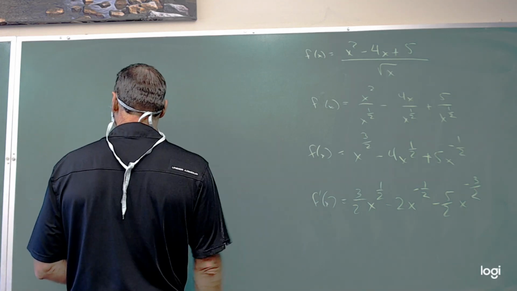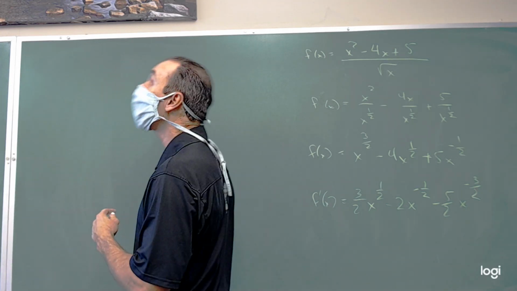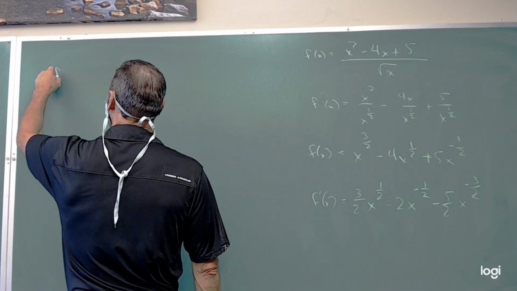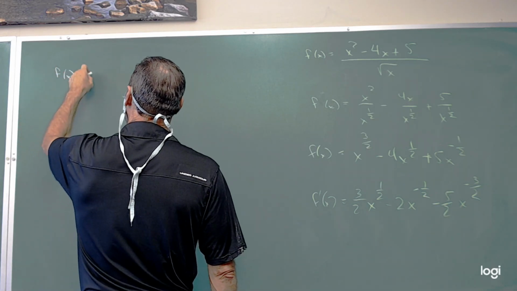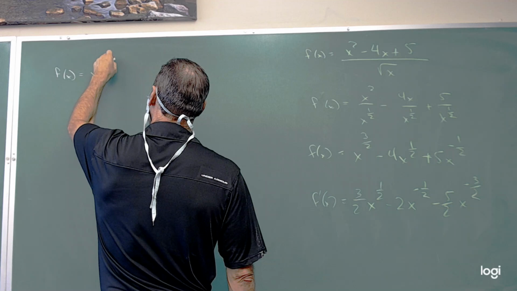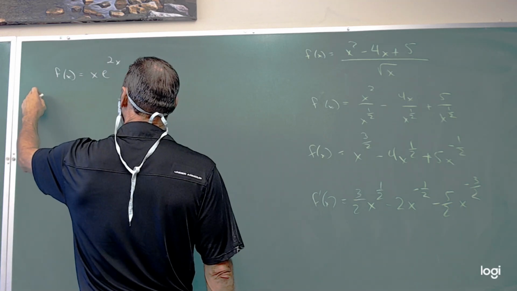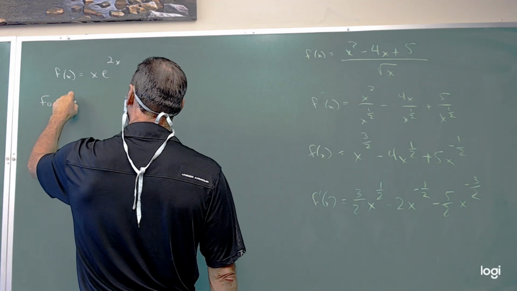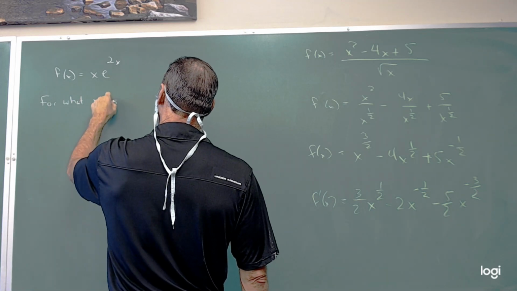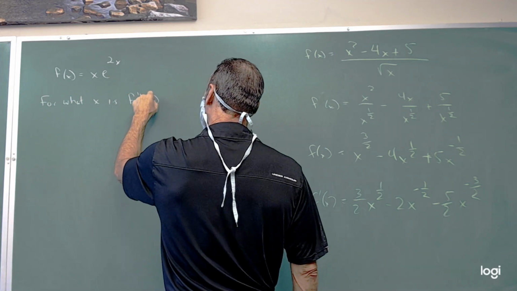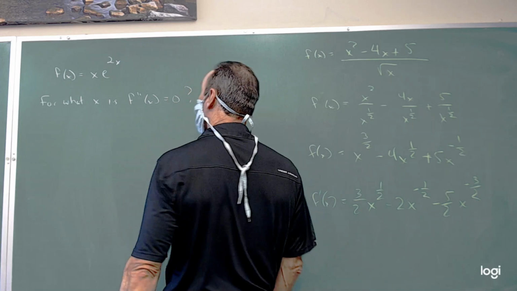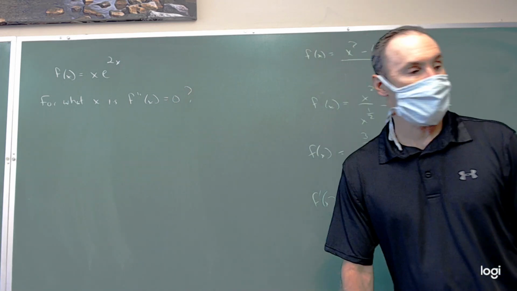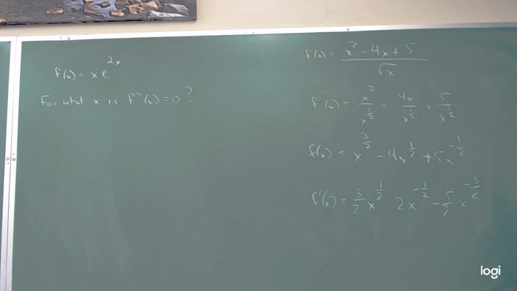You don't really want to do the quotient rule, you just split up the fraction. X squared over. And then you got it.